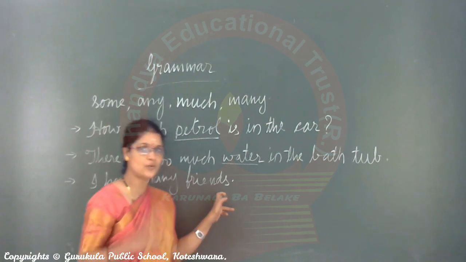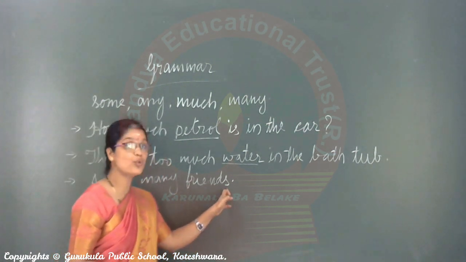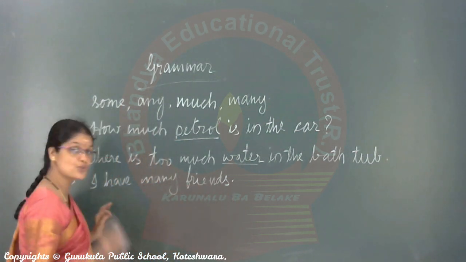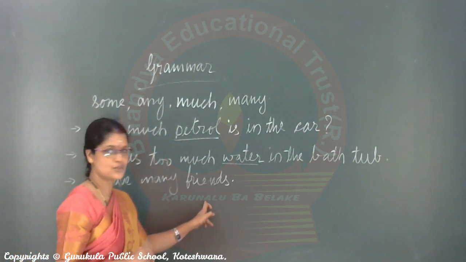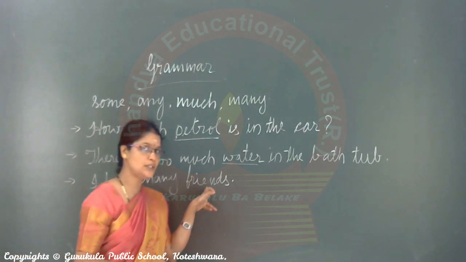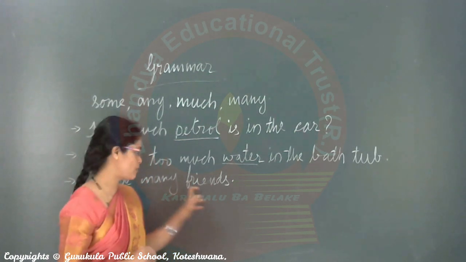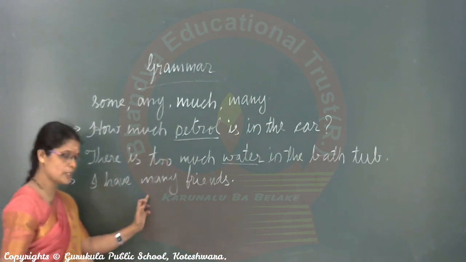Friends, we can count how many friends there are, and plural friends is used. We should not say "I have many friend", that is wrong. So we should use many in plural form only, with countable nouns. Remember. I have many friends.